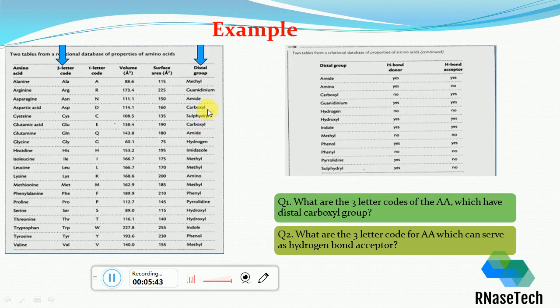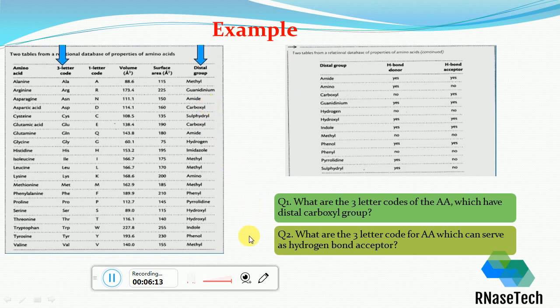We got two results from the first question: one is ASP and one is GLU. So we can search here, where is the carboxyl distal group? Here is the carboxyl distal group, and it is a hydrogen bond acceptor. So basically these two are hydrogen bond acceptors.